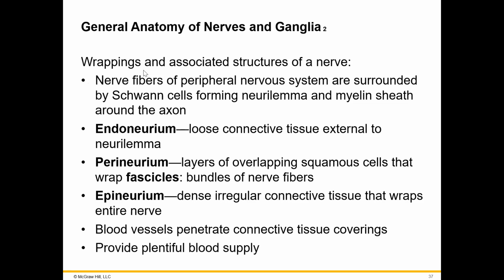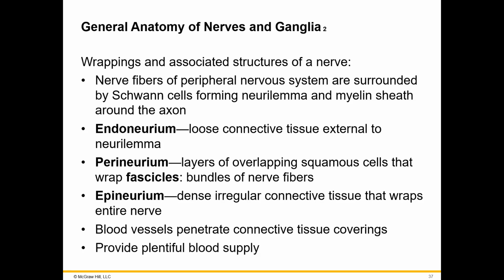Wrappings and associated structures of a nerve. You have nerve fibers of the peripheral nervous system. These are surrounded by Schwann cells, forming a neurolemma and myelin sheath around the axon. The endoneurium is a loose connective tissue external to the neurolemma. And you have the perineurium.